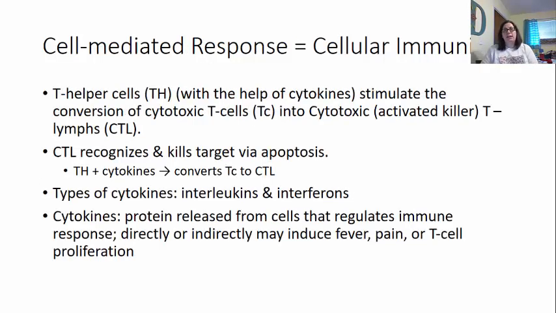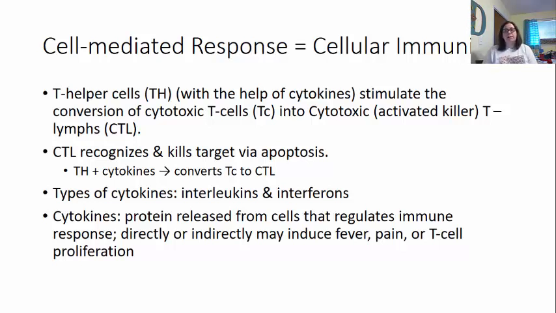Now, when we're looking at these T cells, there are different types of T cells. The first ones are known as the helper T cells, or the TH cells. These are going to help with the use of chemicals known as cytokines. These are going to stimulate the conversion of cytotoxic T cells into what we call cytotoxic activated killer T cells. All right, and so it's going to activate, kind of almost like the assassins in this sense.